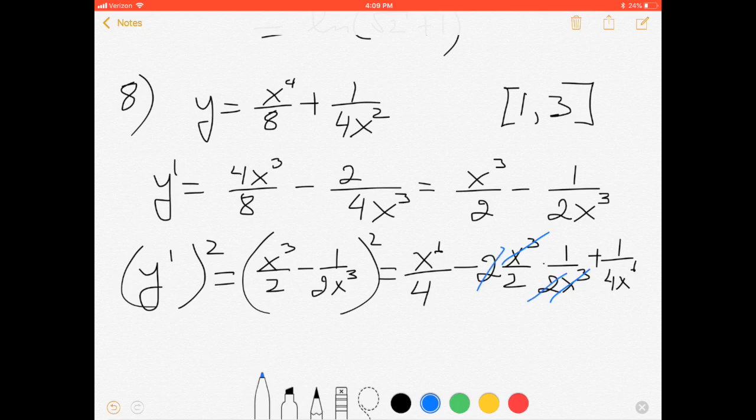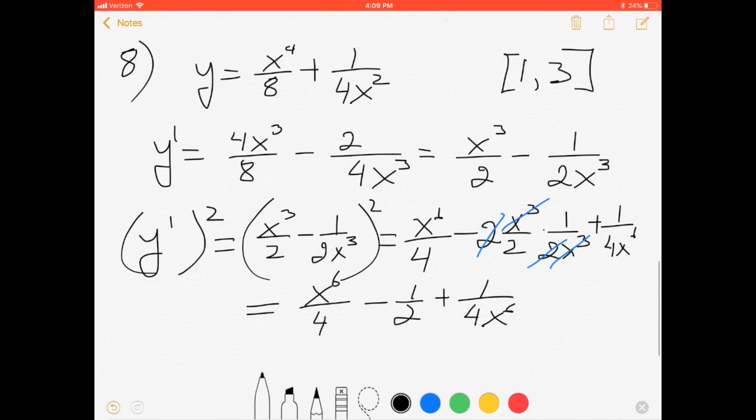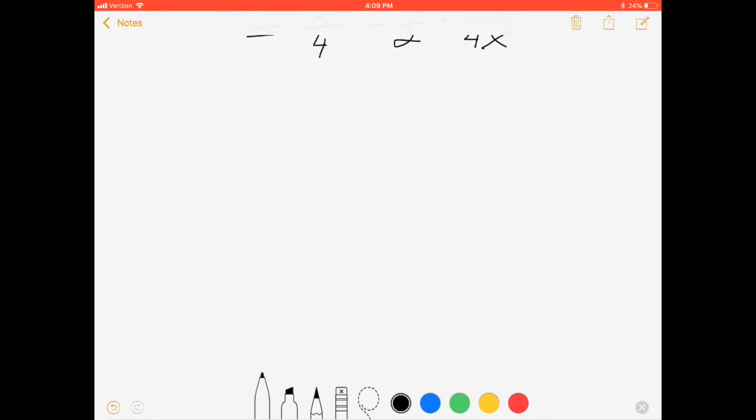Our final is x to the 6th over 4 minus 1 half and plus 1 over 4x to the 6. Okay, now we're ready for plugging into our integral, our formula.